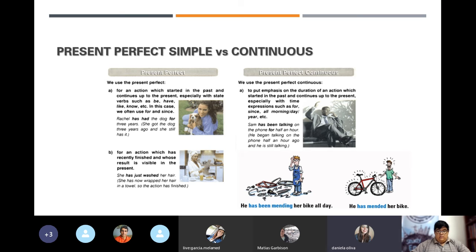Sorry, teacher, where is the text that you put in the last screen? It is from the book, page 28, exercise 8. I'm there, but the other one? The other one is from the exam maximizer. Ah, okay. Maybe you don't have it.